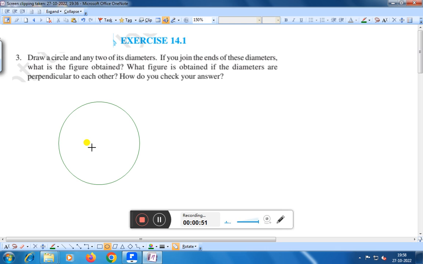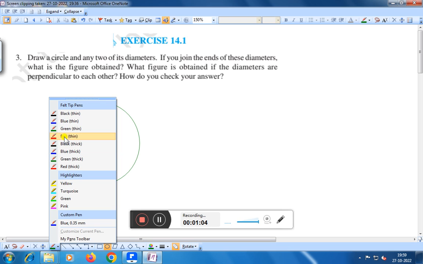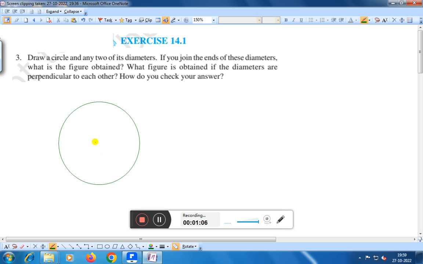Right, this is the circle, and let us take the center of the circle here, roughly. This is the center of the circle, right? This is the center O.